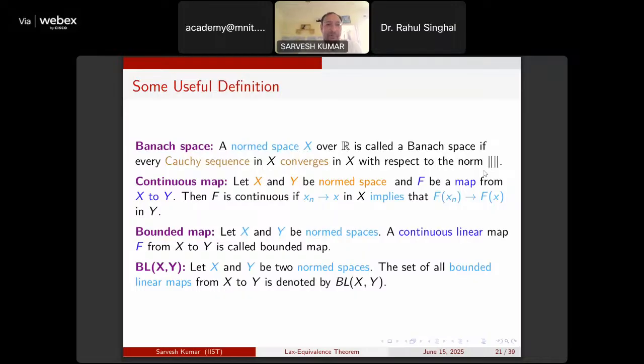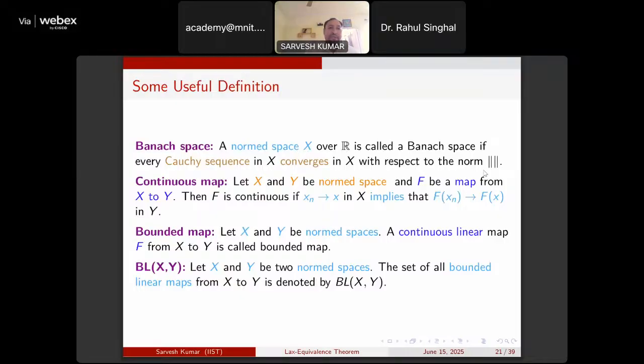Why is it so important? It's nothing but a complete normed space. If you take any Cauchy sequence, it will find its limit inside the space. It will not go out. So that's the basic idea.